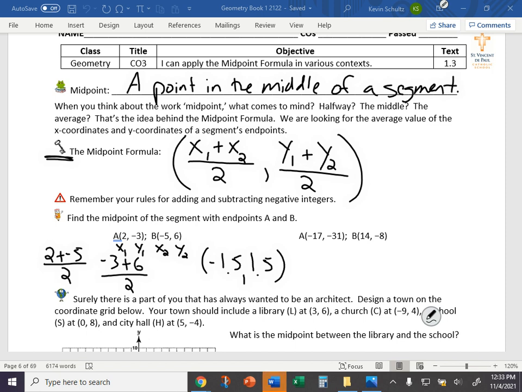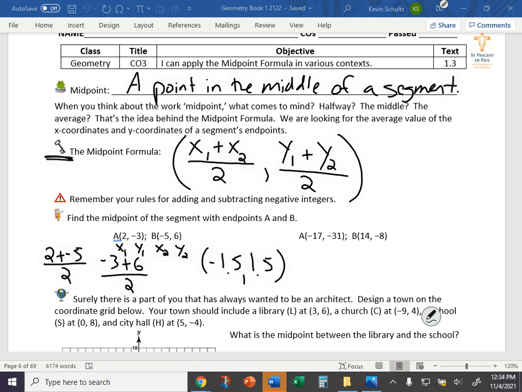If you use a calculator, however, why do you need to be careful? If it's a negative value, it's not the minus button, it's the negative button. That would throw you off. What else? You've got to use parentheses.